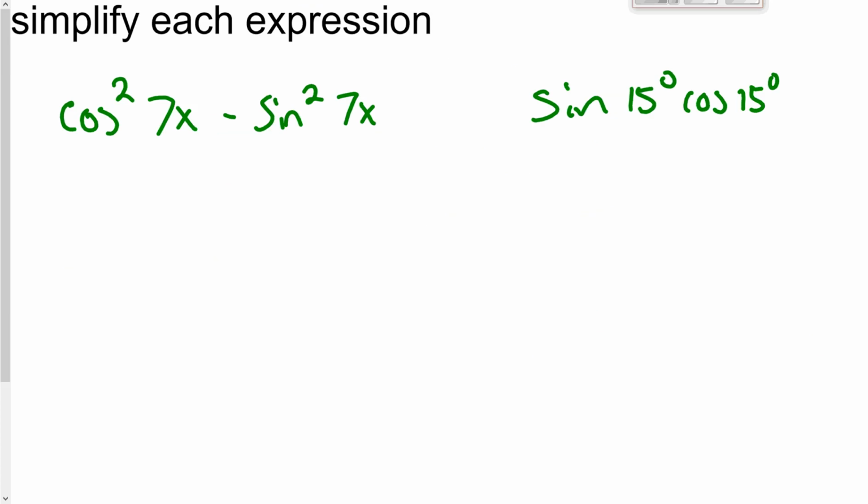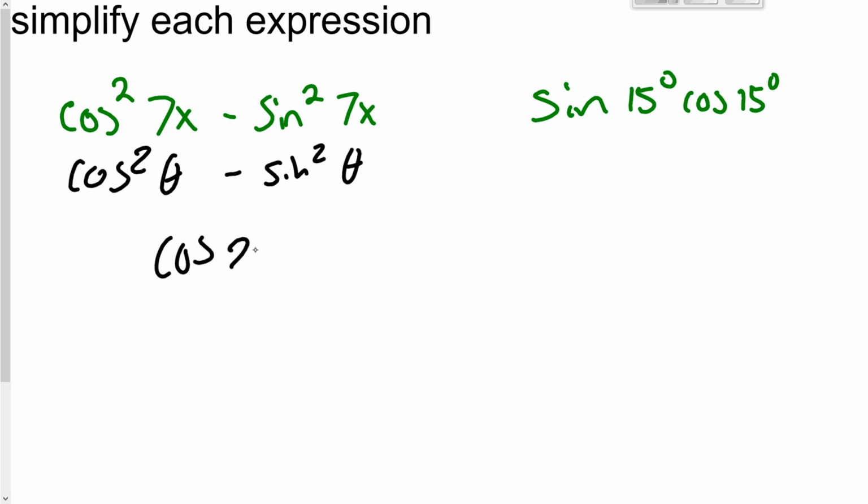Okay, so here we have a couple of quick examples of kind of going backwards and figuring out, okay, which double angle is it? Is it sine, cosine, or tangent? So we look at our formulas and we see that, hey, whenever we have cosine squared of an angle minus sine squared of an angle, that's talking about cosine of the double angle, right?